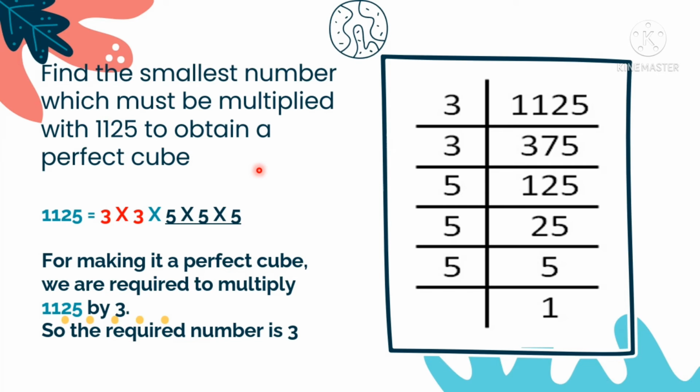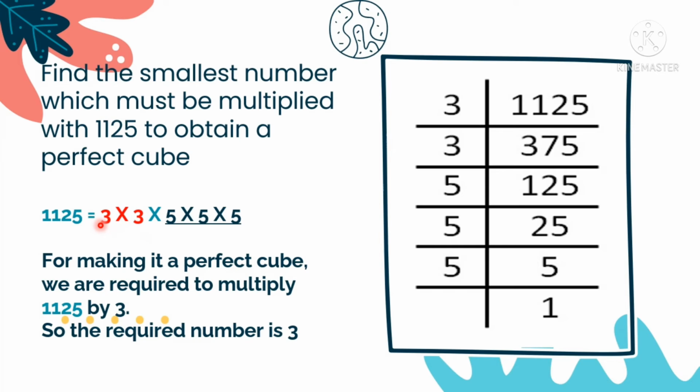The process is the same. First we need to find the prime factors of the number. After finding the prime factors, we see that 5 is grouped, but here we have only two 3's.